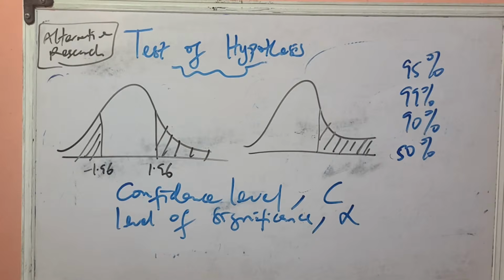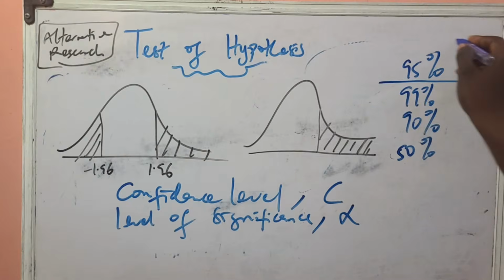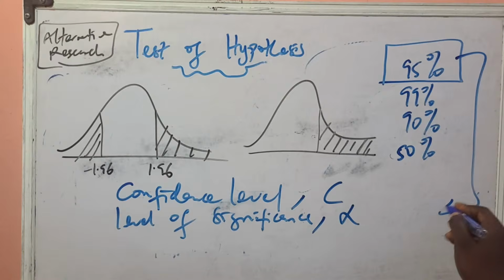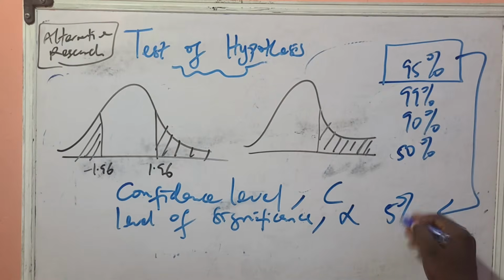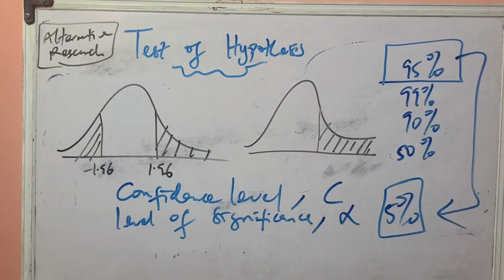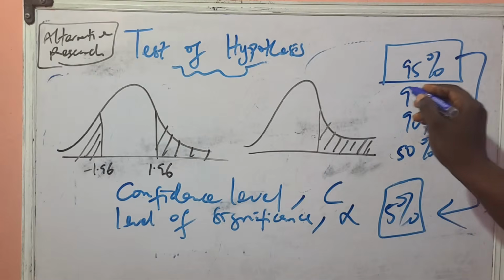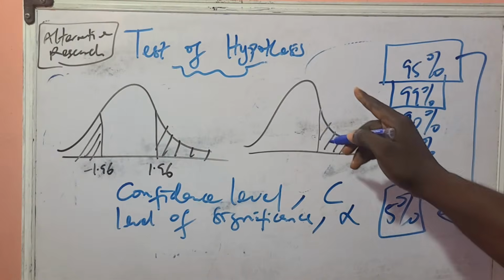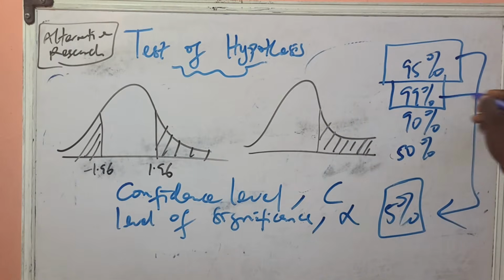Now, you need to understand that if you're running a test on a 95% confidence level, your level of significance will be 5%. That's why I said they both work together. If you're running a test on a 99% confidence level, what will your level of significance be?